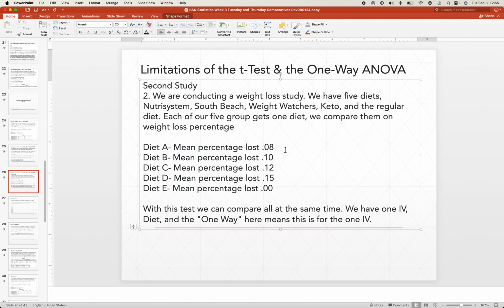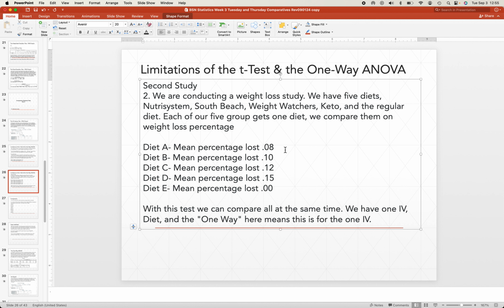Supposing for our study, instead of just studying diet, we want to study exercise. What we're going to do is have all of our patients wear a watch, and that watch will count the number of steps they take each day. So we're going to divide our group up into those that walk 2,000 steps a day, maybe 6,000 steps a day, 10,000.